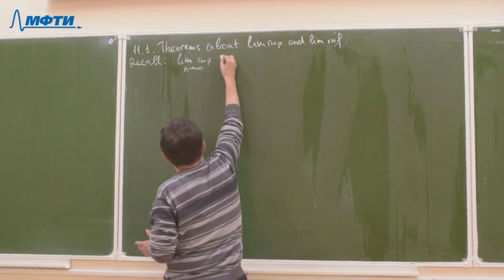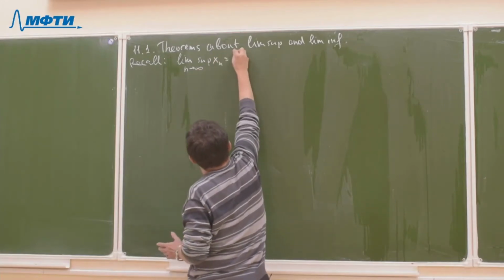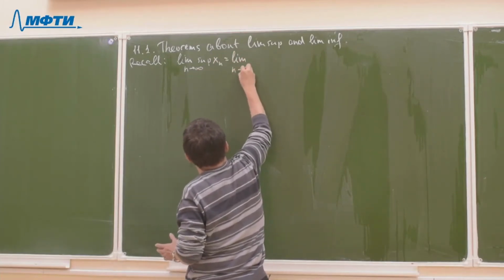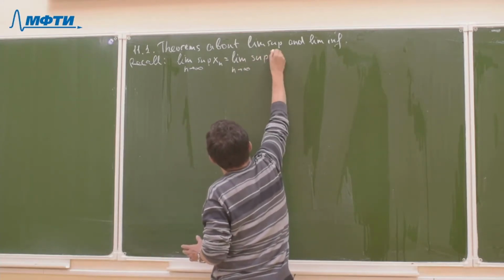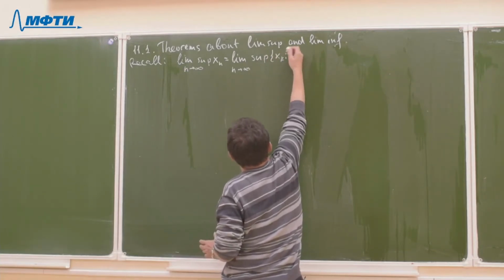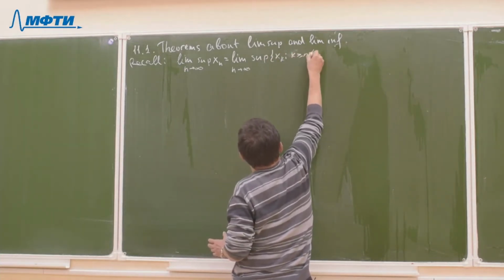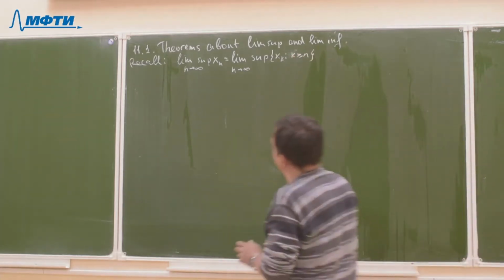So the limit superior is the limit of such a sequence, supremum of all xk's with k greater or equal than n.